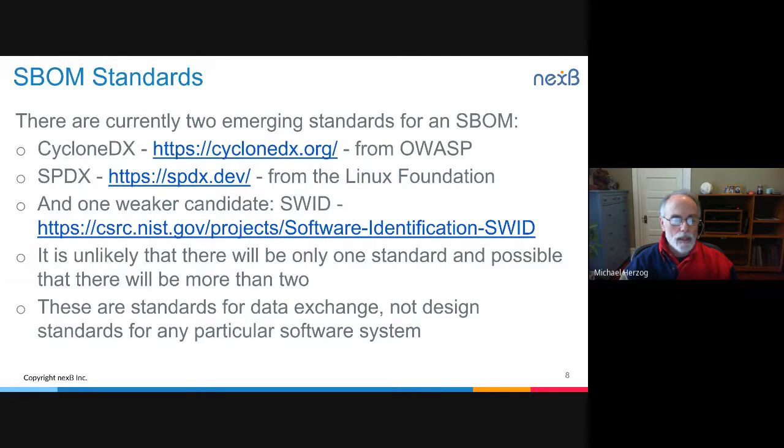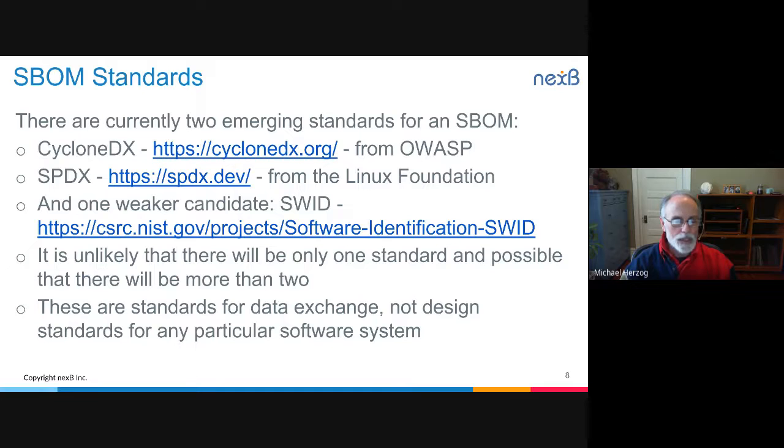At the moment, we're recording this in March 2023. There are two primary standards emerging for SBOMs. One's called CycloneDX from OWASP, which is a security-oriented nonprofit, and another one called SPDX, Software Package Data Exchange, from the Linux Foundation.